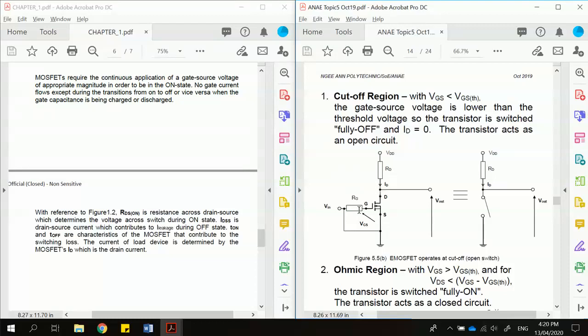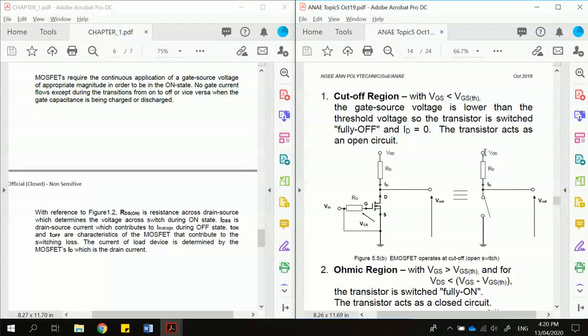And in this situation, when there is no voltage applied at this point, 0 volt, it is equivalent to an open MOSFET. So the switch is an open circuit, and because of that, ID will not be able to flow through, and because of that, the load device will not be supplied with any current.